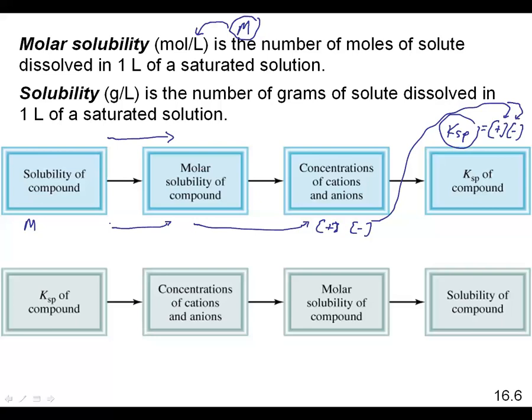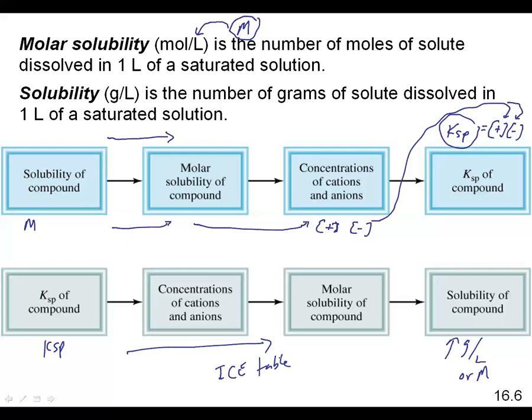So in that type of problem, an ICE table is not necessarily necessary. But in the second type of problem, where they only give you the Ksp and you're trying to figure out the solubility either in grams per liter or molarity, you do usually have to do an ICE table. So, in the top problem, you don't necessarily have to do an ICE table.